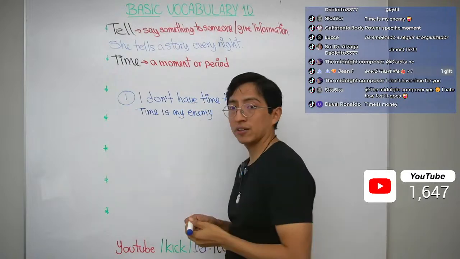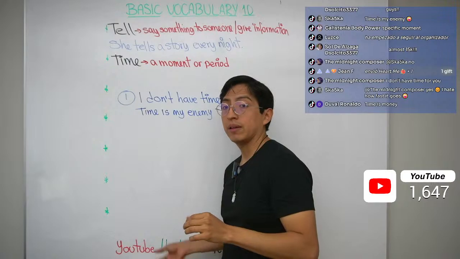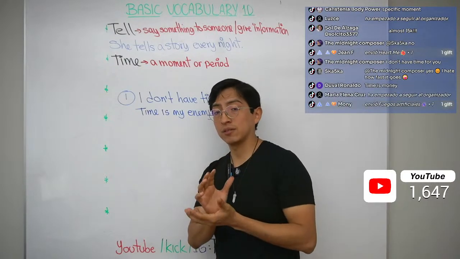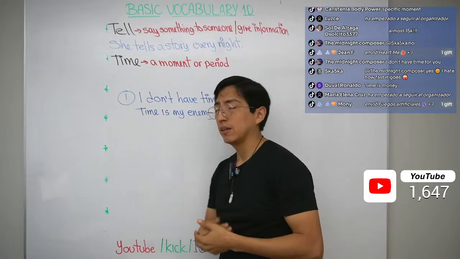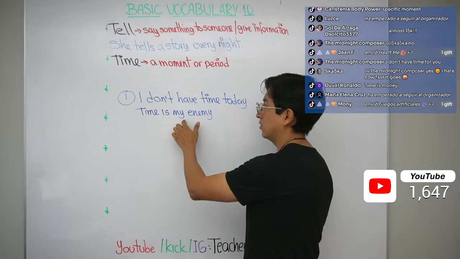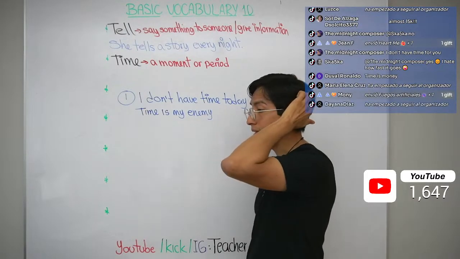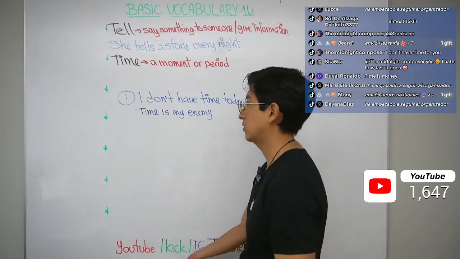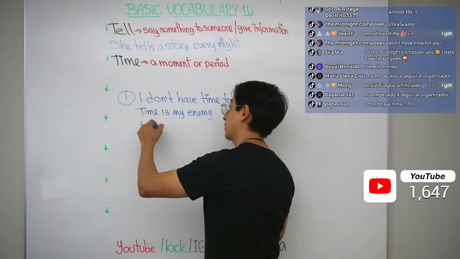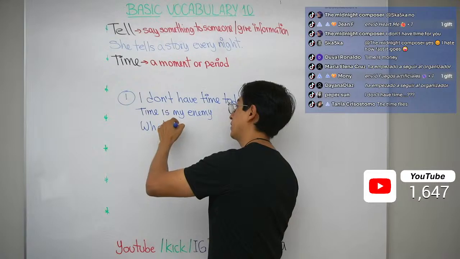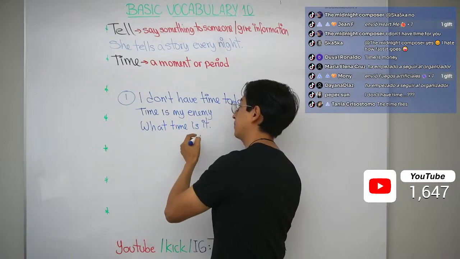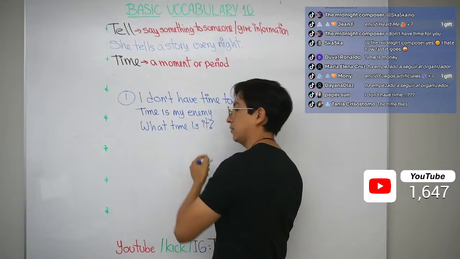So as you can see here, we are using time in a general concept. Time in general. Well, I don't have time today. This is time is my enemy. What else? You can say, for example, what time is it? What time is it? Excuse me. What time is it?